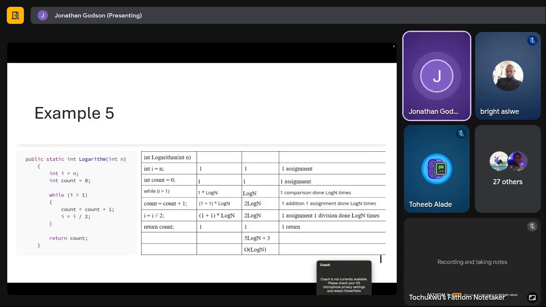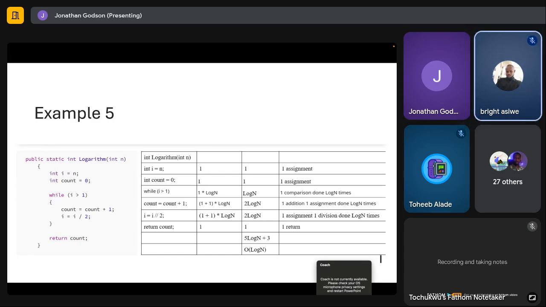They might ask for the time complexity from line so-and-so to so-and-so, or a block of code, or the whole algorithm. So it is not fixed. You just need to know how to deduce it. Okay, thank you. You're welcome.